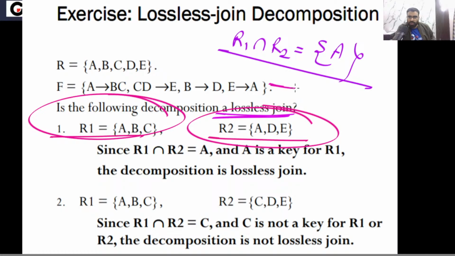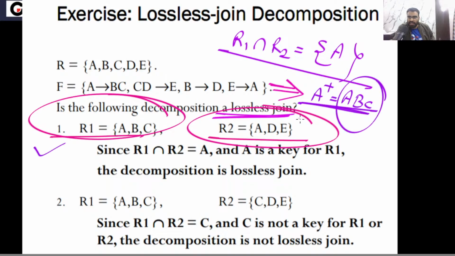Remember, in this set of given FDs, we will find the closure of A, what A can determine. You can easily see that A can derive ABC. So I can say that A, this set of common attributes of R1, R2, is a super key in R1, because A can derive ABC. That is the reason I can say that R1 intersection R2, that is A, is a super key in R1. So this decomposition is lossless.